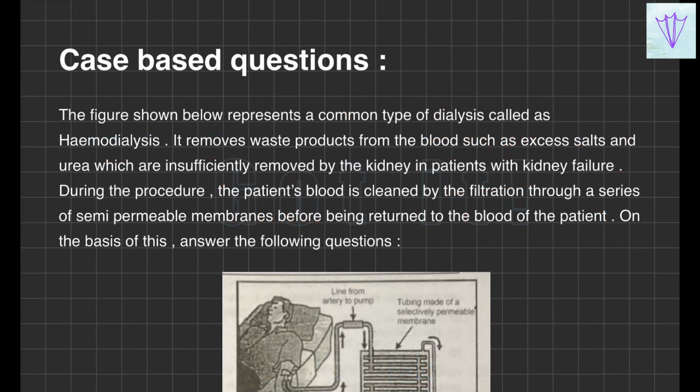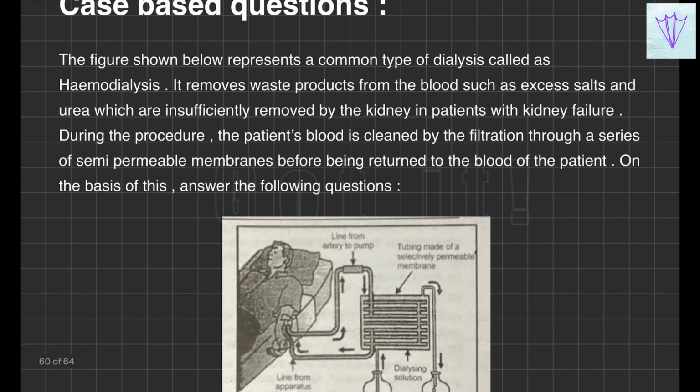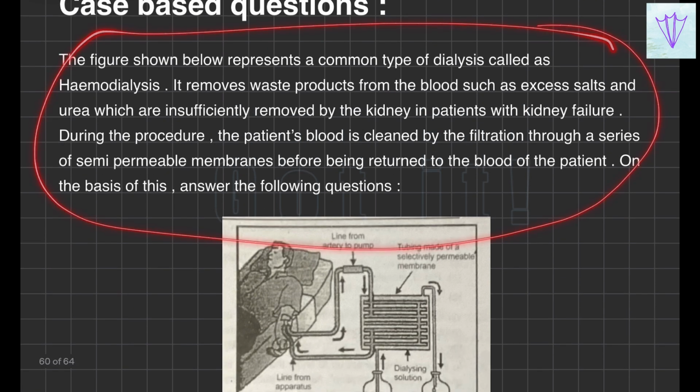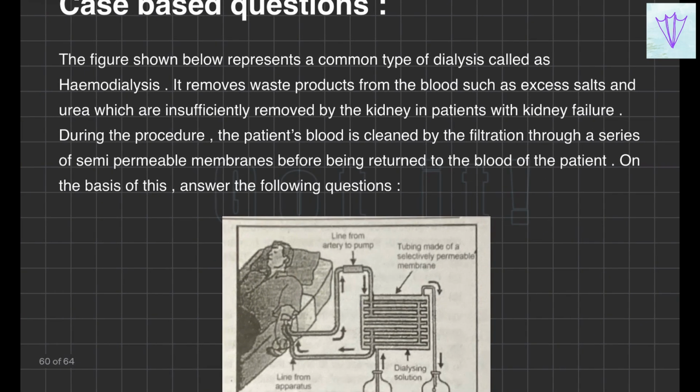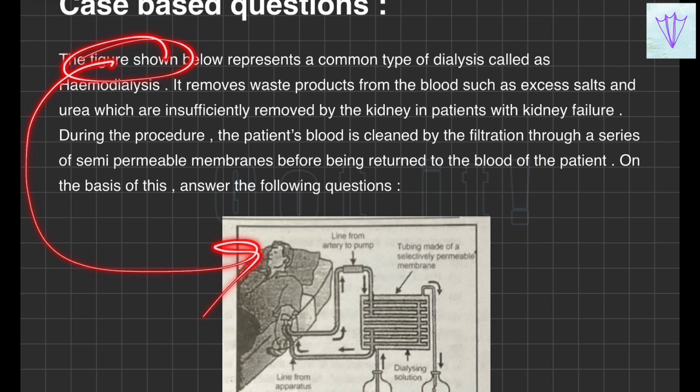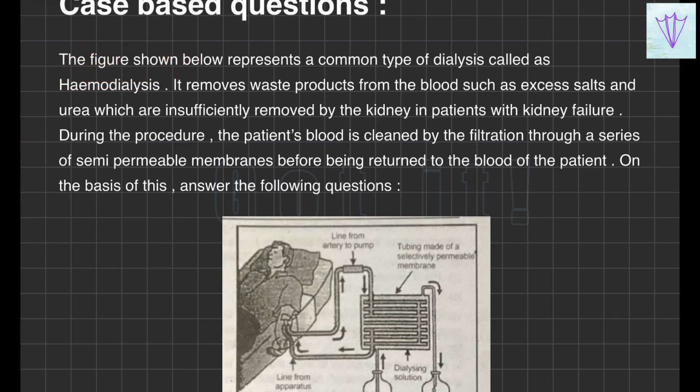Starting with the case-based questions. Here they'll be providing us with a paragraph, and mostly they'll even be giving us some picture related to it. So if they state something like 'in the figure shown below', it is evident that we will be getting a picture. It shows a common type of dialysis called hemodialysis.